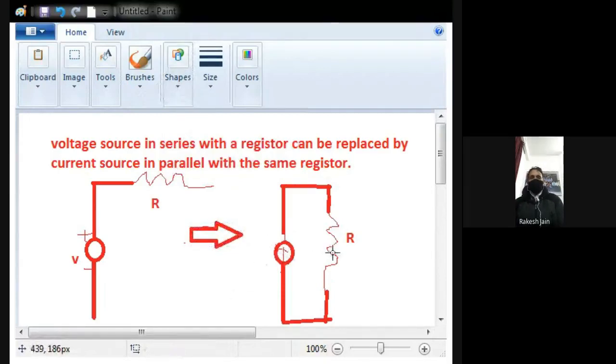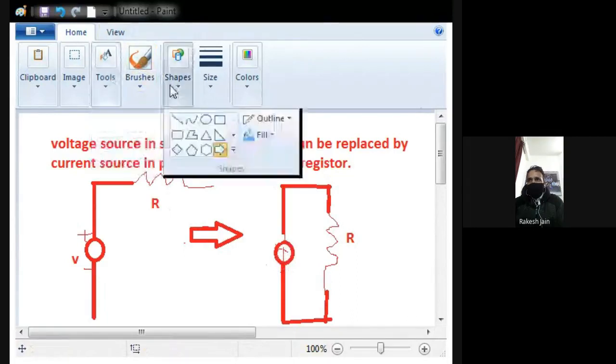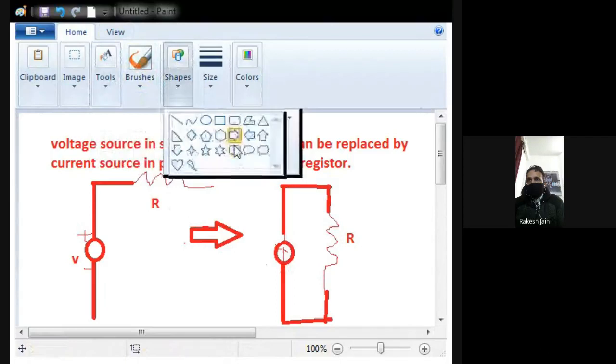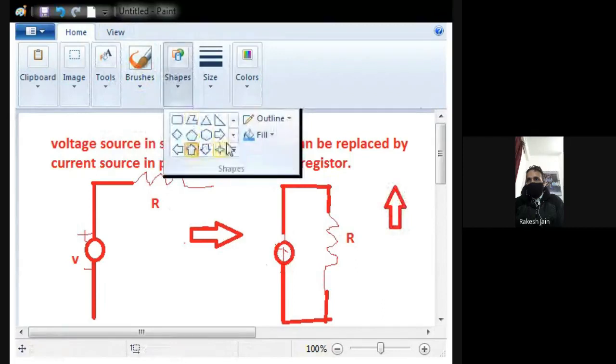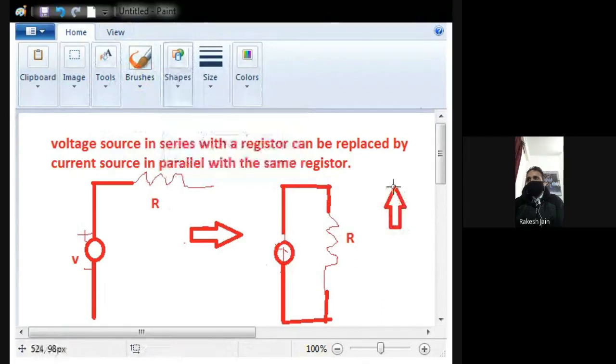The resistor value previously was R, and now after the source transformation it is again R, and this one is the current source. The arrow side is at the upper side.